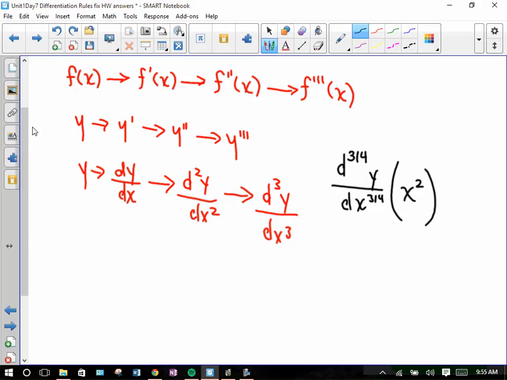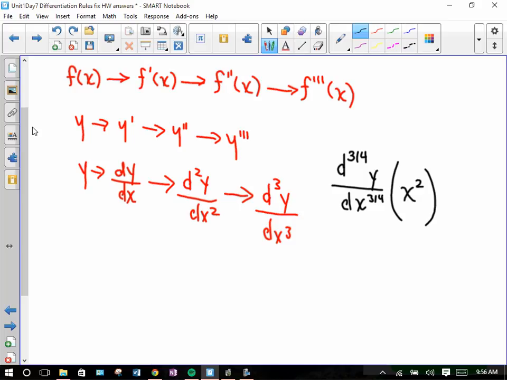I want you to find the derivative of x squared, then the derivative of its derivative, and the derivative of that derivative.